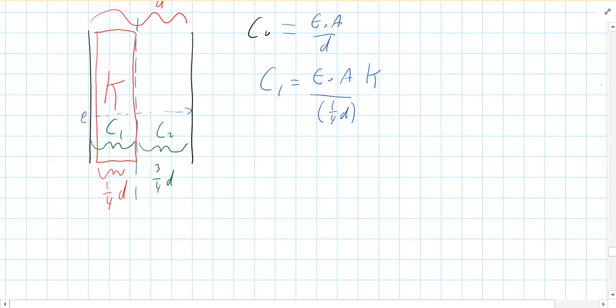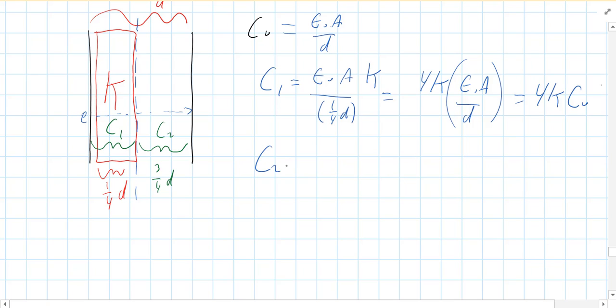So this turns into 4 times κ times epsilon naught A over D. This was C naught. So C1 is 4 times κ times C naught.